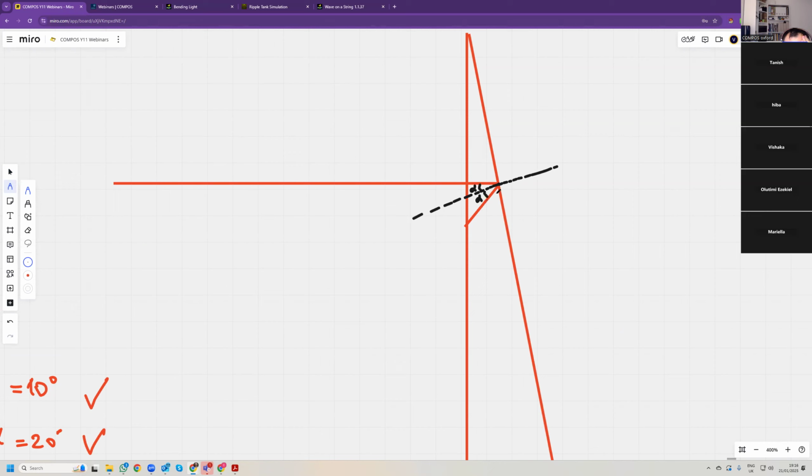This is alpha. So that means that this is 2 alpha. If this is 2 alpha and this is 2 alpha, then this is 3 alpha. 3 alpha and 3 alpha.